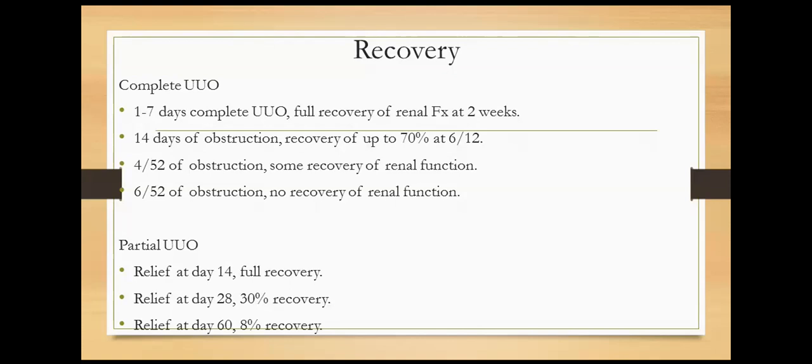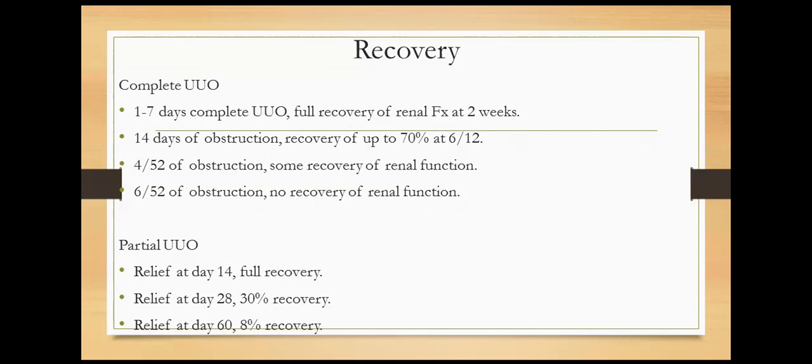If you've got obstruction of a month, there is some recovery of renal function, but it's not significant. And with 6 weeks of obstruction in the unilateral system, you get no recovery of renal function. So 2 weeks, at least in the unilateral system, is the limit for obstruction.